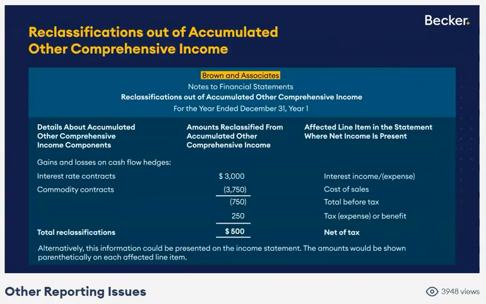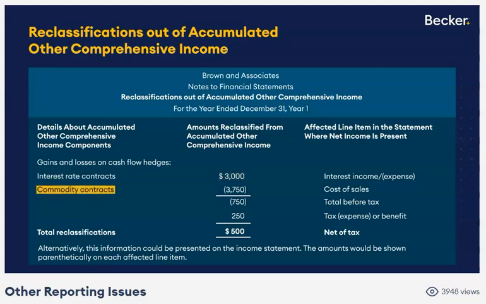So we got the name of the company. Again, this is in the notes to the financial statements. These are the significant reclassification adjustments that show us how we got the 500 that is going to come out of accumulated other comprehensive income because we want to get it on the income statement. So there were two items that got reclassified. We had interest rate contracts for $3,000.